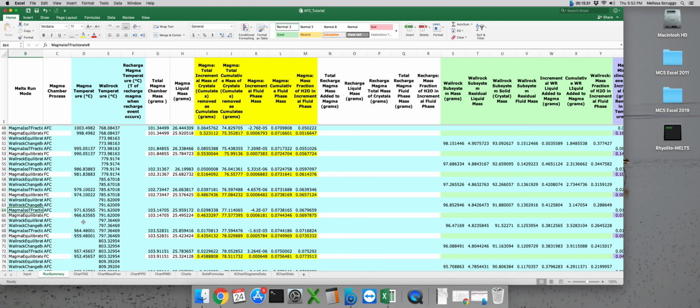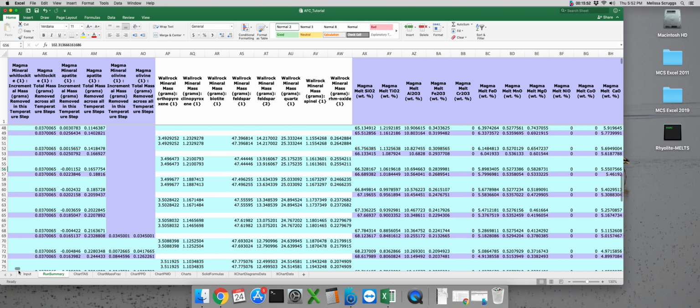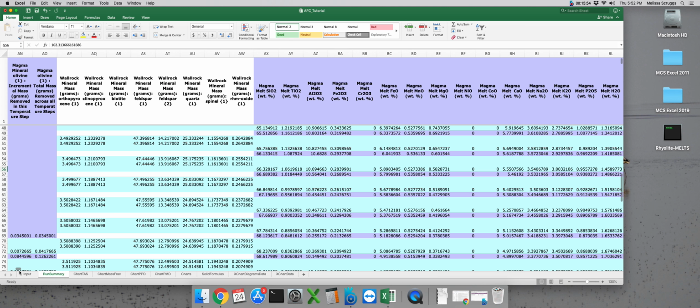So the mass of the magma subsystem, it increases with every assimilation step. The masses of the minerals present in the magma have changed, of course, depending upon your assimilant composition. You can have new phases show up as well. And we can go over here. We can see that the composition of the residual liquid in the magma has also changed.